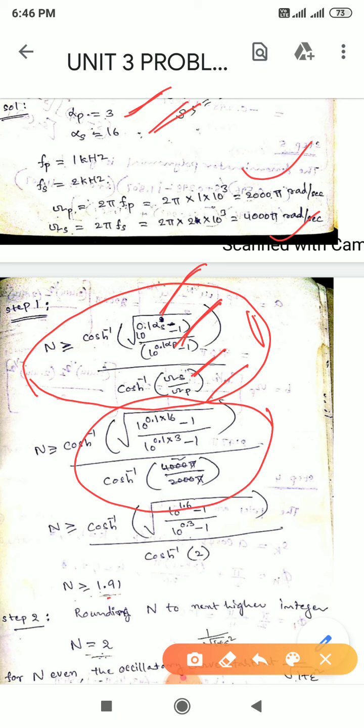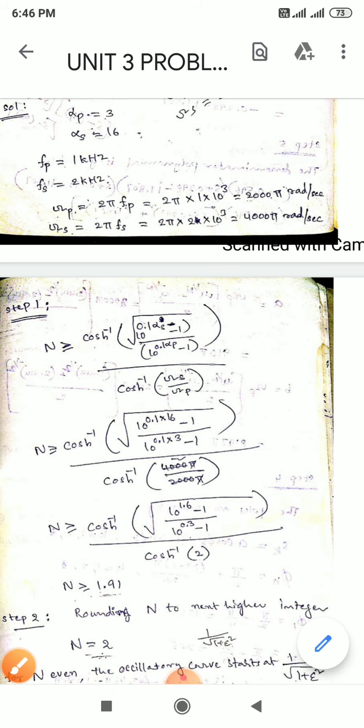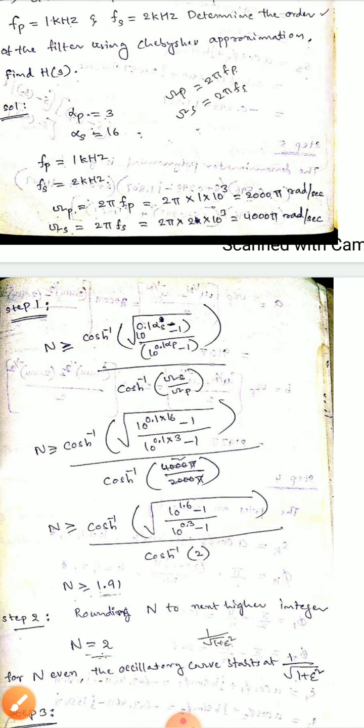This value is equal to 1.91. But the order of the filter is an integer value. In the second step, we are rounding this value to the next integer value. Here 1.91 means 2.